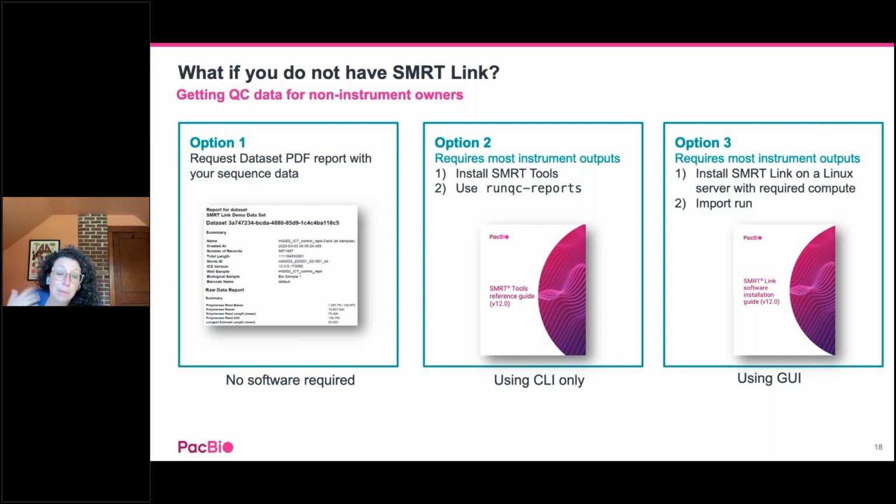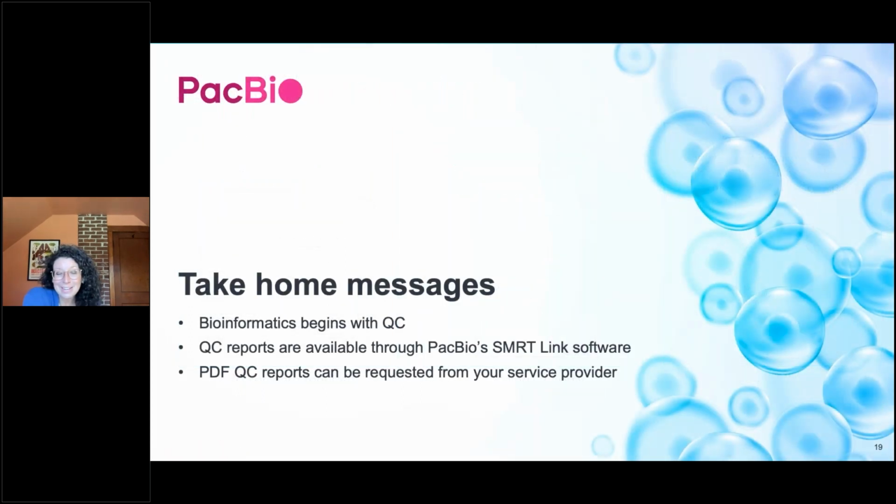Then you can import your run data into data management using the graphical user interface. So these are your options from most lightweight in terms of what you have to install, to largest.